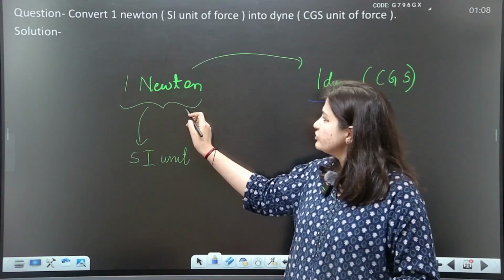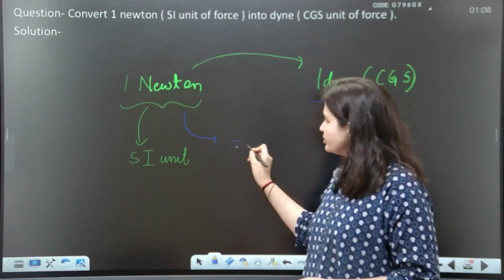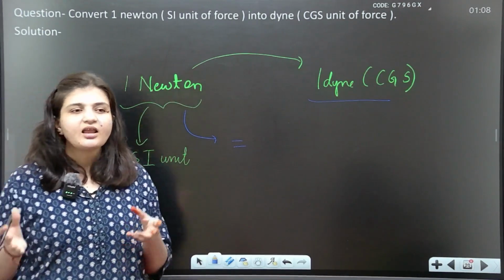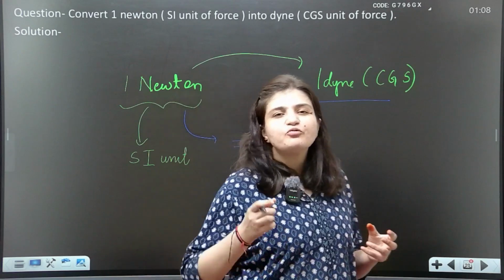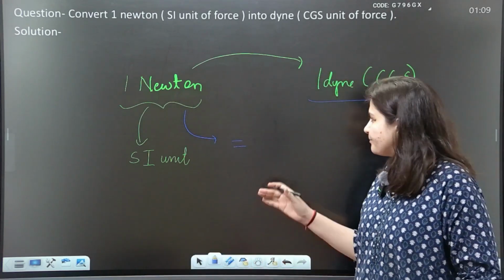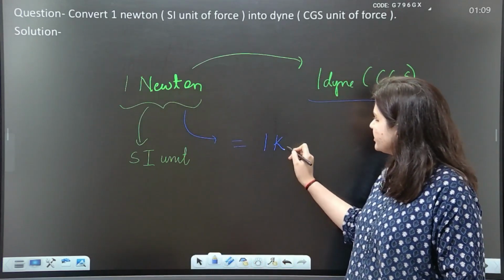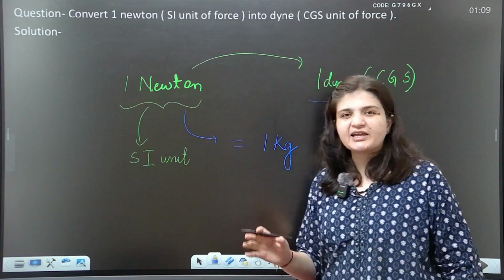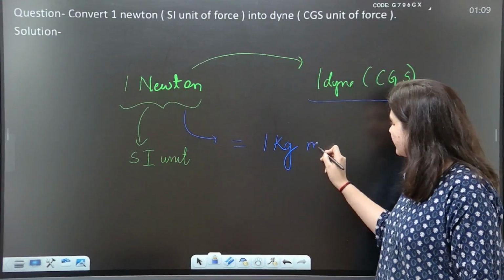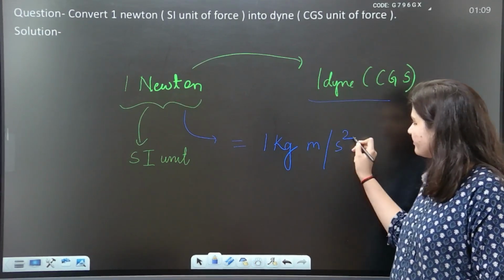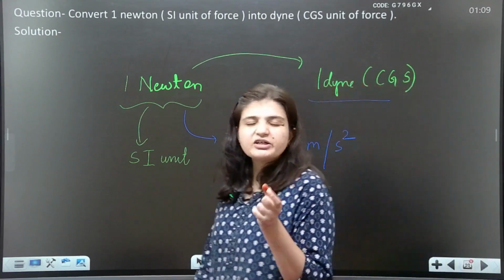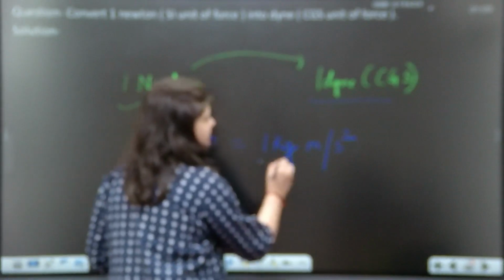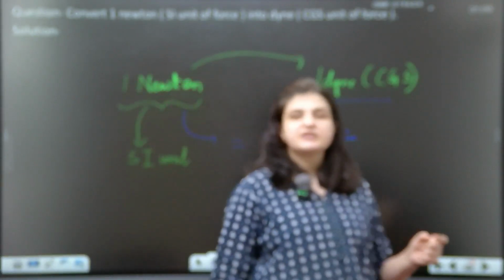Now if we have to change 1 Newton, students, what is 1 Newton actually? 1 Newton is 1 kg meter per second square.